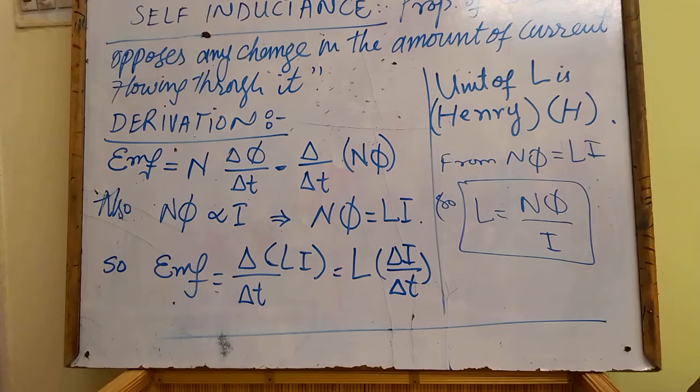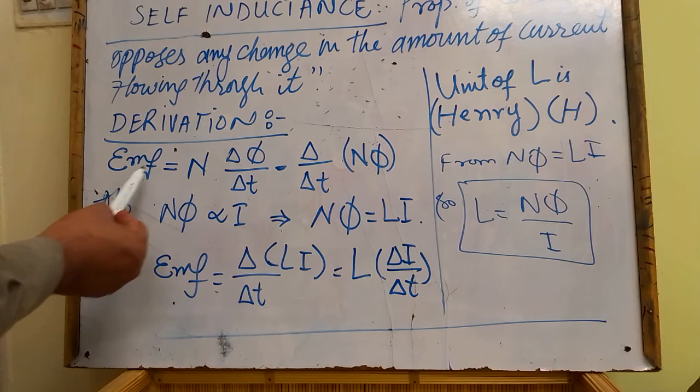In order to find the expression for the magnitude of self-induced EMF and self-inductance, consider a coil of N turns carrying a current I, as we have previously discussed in the diagram. Here we are going to derive an equation for the self-induced EMF.